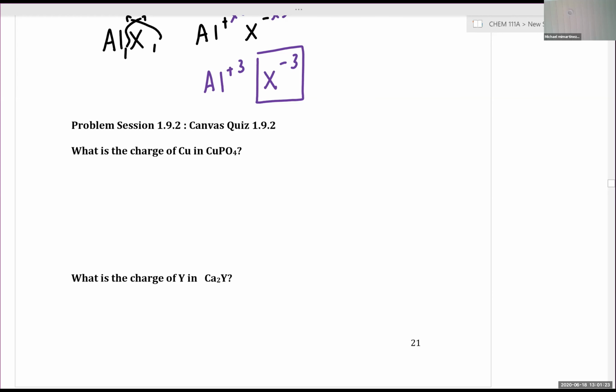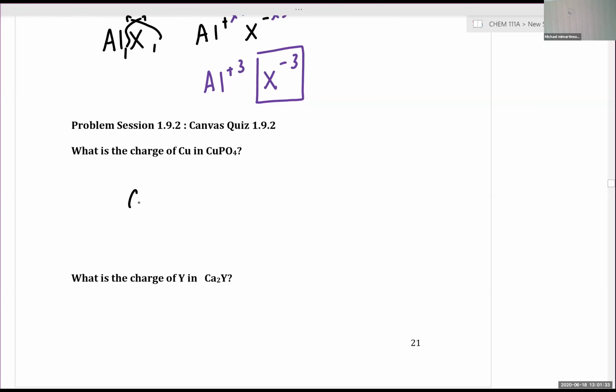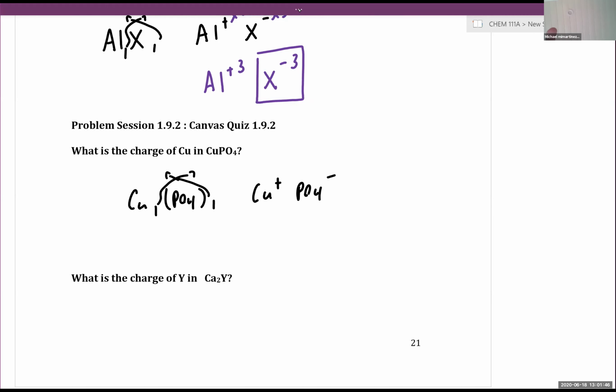Okay, so let's discuss these 2 examples. First and foremost, write out our formula. So we have copper 1, phosphate 1. We reverse cross our charges. That gives us copper plus and phosphate minus.